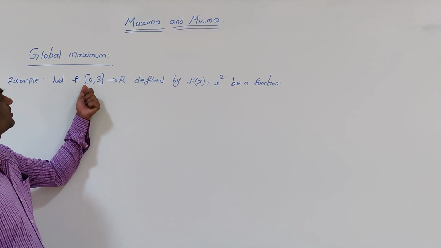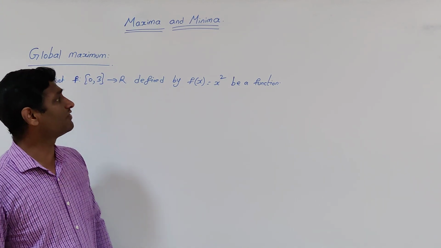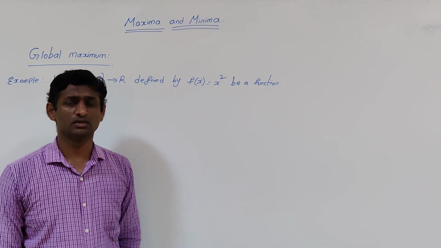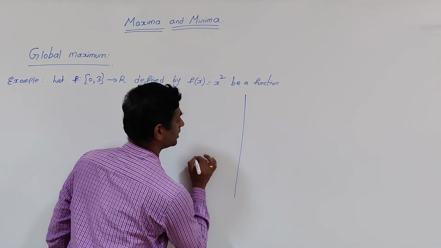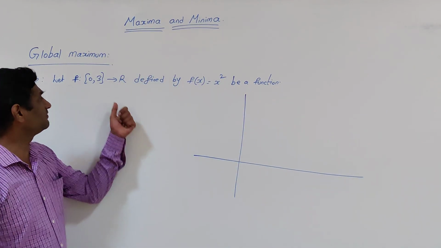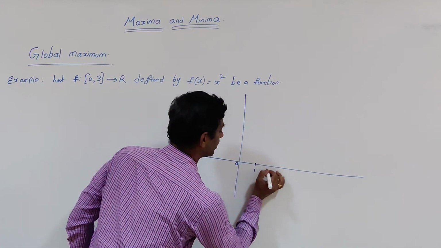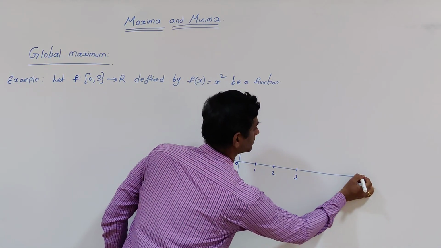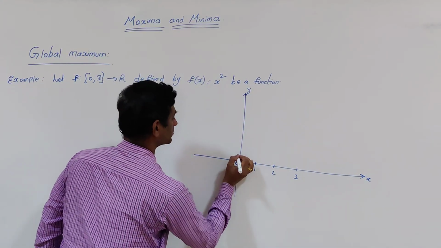Let f be a mapping from the closed interval [0, 3] to R, defined by the function f of x equals x squared. As we know, the graph of this function is a parabola, starting at 0 and ending at 3. So 0, 1, 2, 3 on the x-axis, and y-axis.